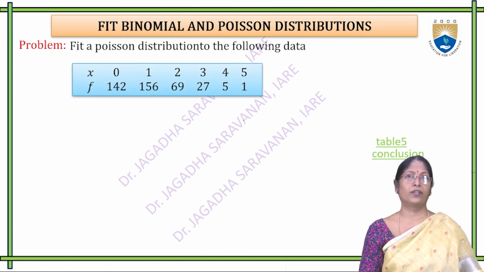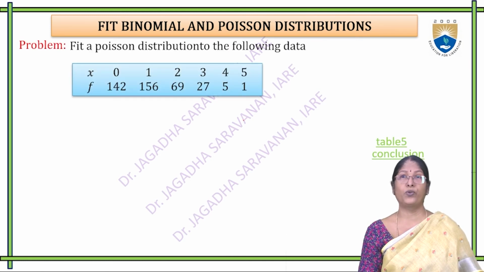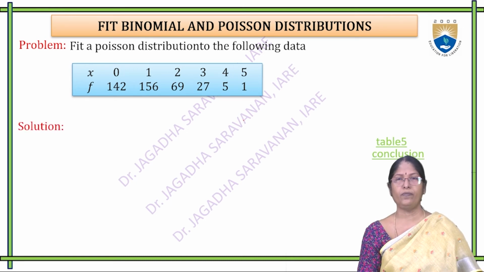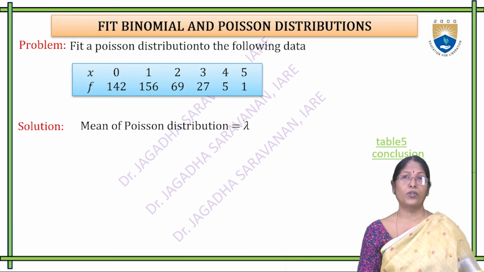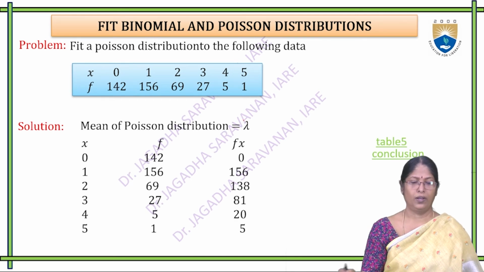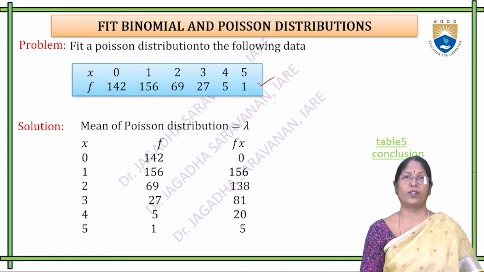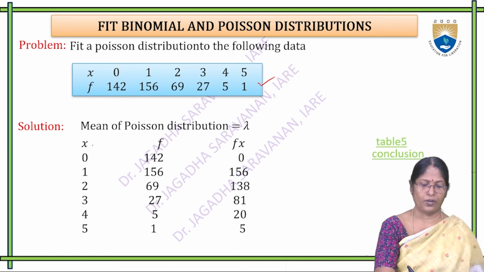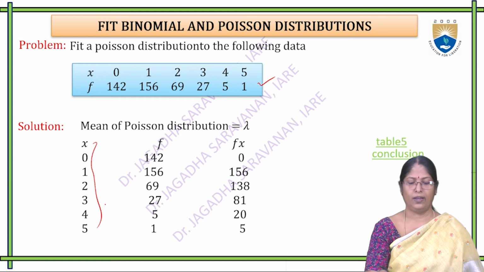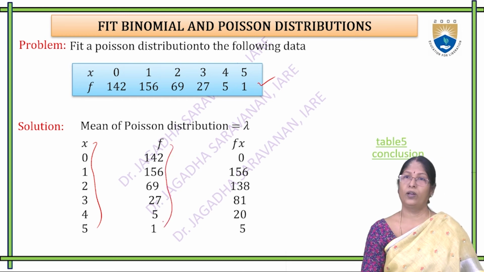The next one is: fit a Poisson distribution to the following data. When x equal to 0, 1, 2, 3, 4, 5, the frequencies given are 142, 156, 69, 27, 5 and 1. The mean of the Poisson distribution is lambda. The data written horizontally, we have written vertically as x and f, and we did the multiplication.